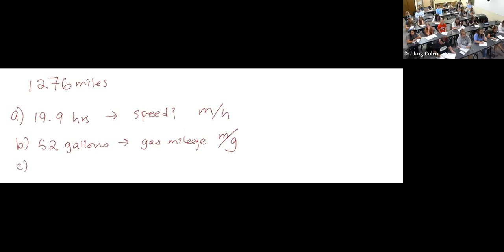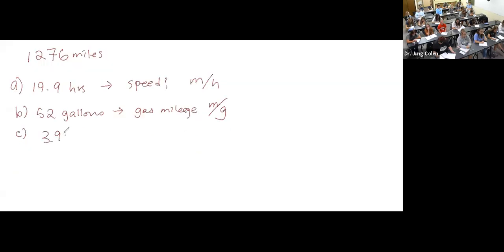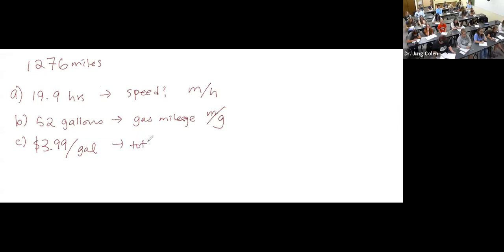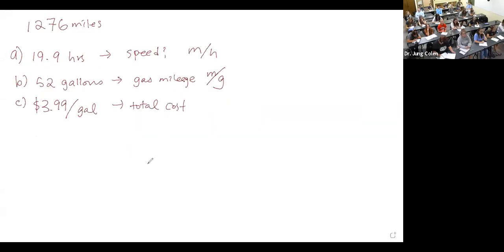And if the cost of gasoline averages $3.99 per gallon, you need to figure out the total cost of the gasoline. So total cost. Okay, that's a real world situation we can face almost every summer, right? So let's try to solve this together.